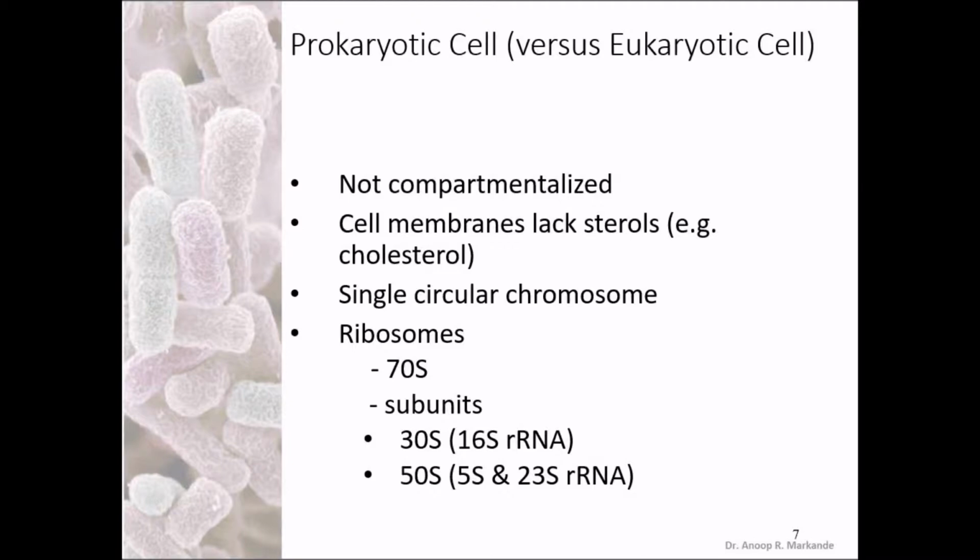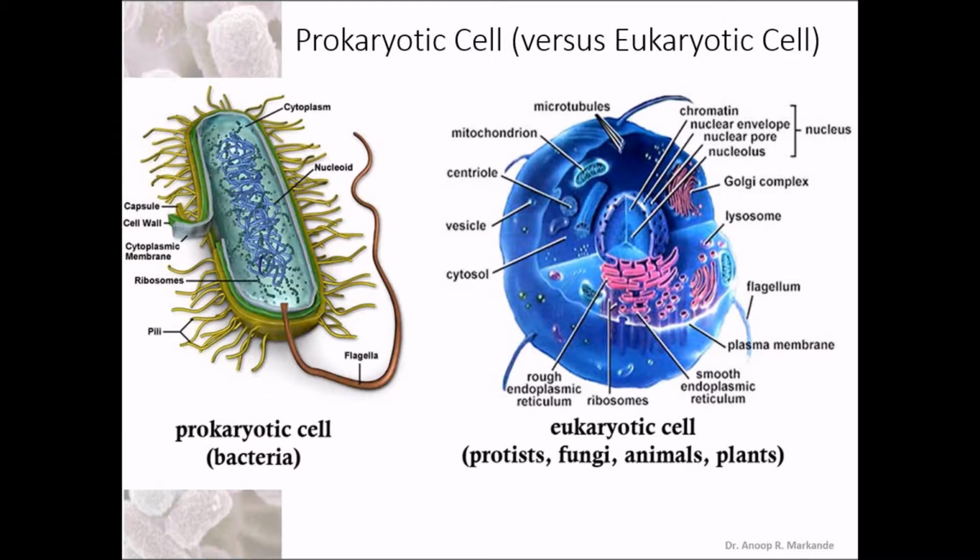When we consider prokaryotic versus eukaryotic cells, a prokaryotic cell is not compartmentalized, there are no membranous organelles, and the cell membranes lack sterols, for example cholesterol. These usually have a single circular chromosome. They have 70S ribosomes, with subunits 30S and 50S, while in eukaryotes it is usually 80S ribosome.